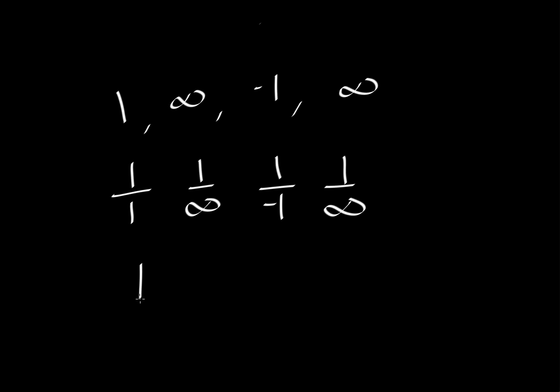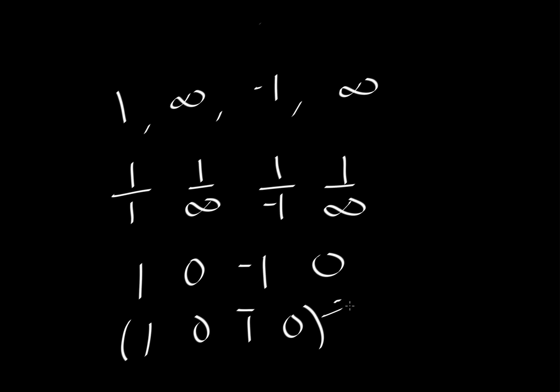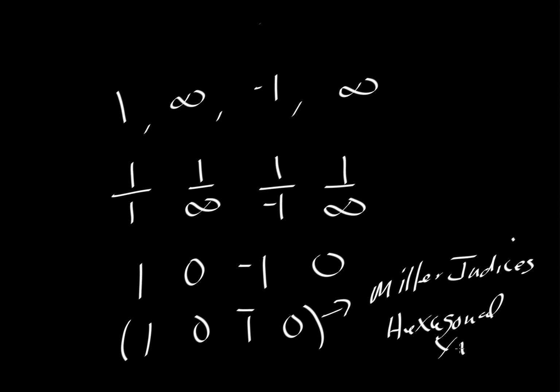That would give us 1, 0, minus 1, and 0 again. A minus 1 gets a bar over it. So the Miller indices for that particular face that we drew in the previous slide would be 1, 0, bar 1, 0. So those are the Miller indices for an example of a crystal face on a hexagonal crystal.